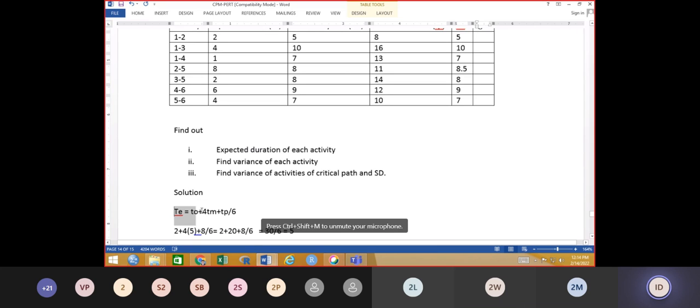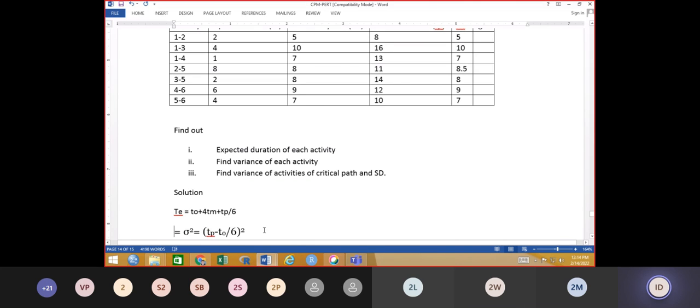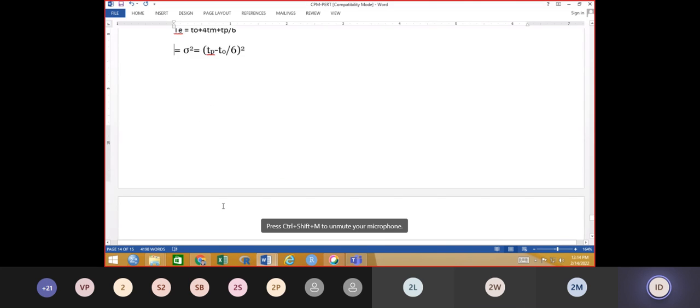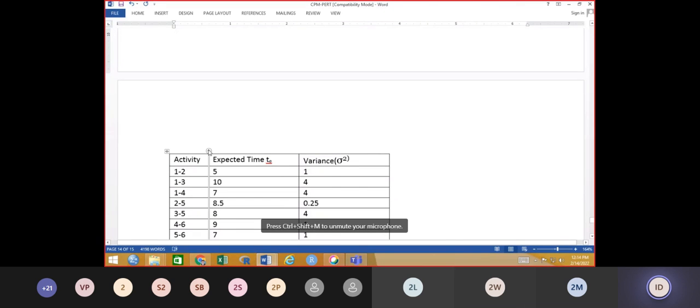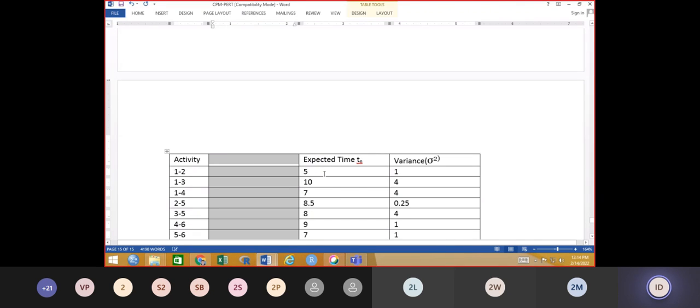I will remove this because I don't want this now. The formula, let it be. Formula only I will keep here, and the entire table I will remove.